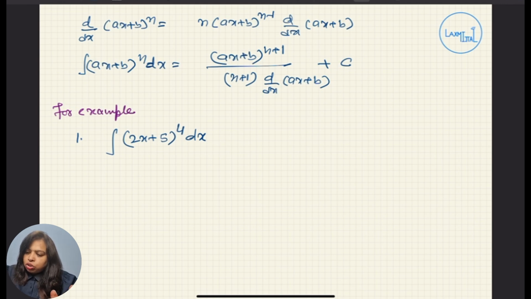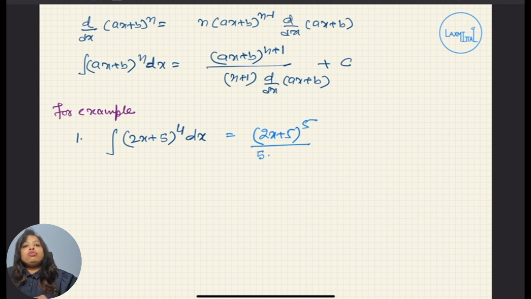So its solution will be 2x plus 5 raised to the power 5 upon 5 into differentiation of 2x plus 5, that is 2, plus c. So your answer will be 2x plus 5 raised to the power 5 upon 10 plus c. So it's very easy.